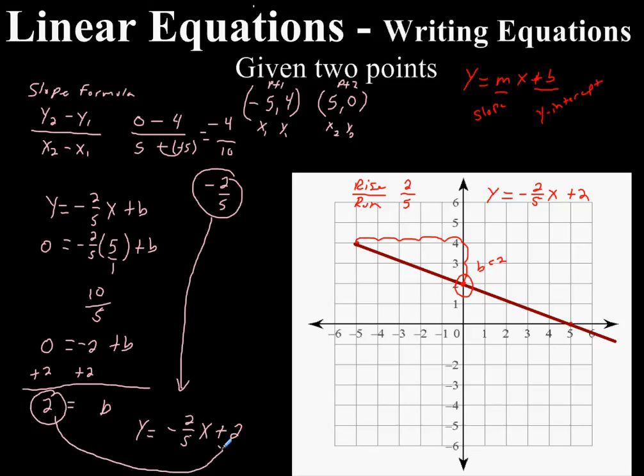And that's the same equation we got when we graphed it, used rise over run, and identified the y-intercept. So algebraically and using a graph, you would get the same equation. Okay, that concludes our discussion on writing slope-intercept equations given 2 points.